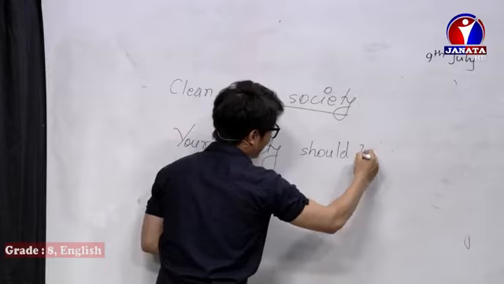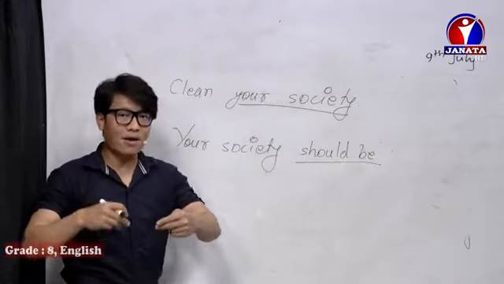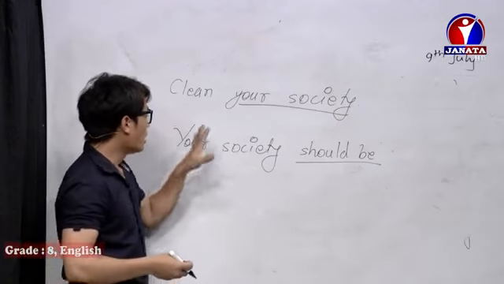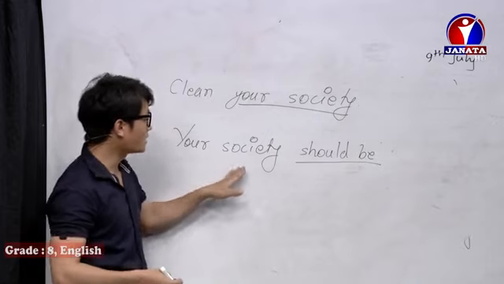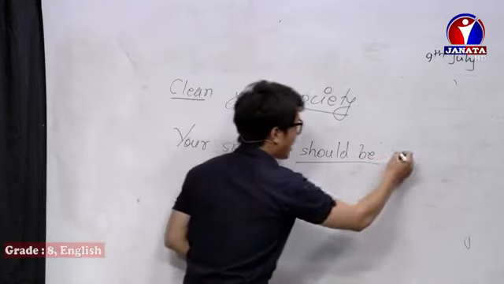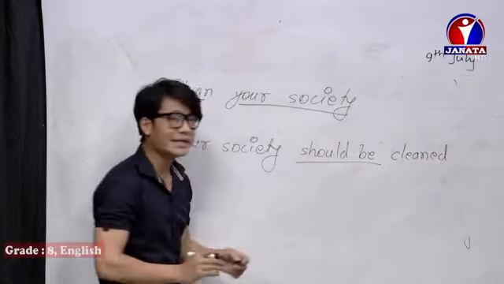Remember, when the imperative sentence talks about duty and responsibility, you should use this. Your society is the object, so your society comes first. Your society should be, then clean becomes verb 3, cleaned. Your society should be cleaned.